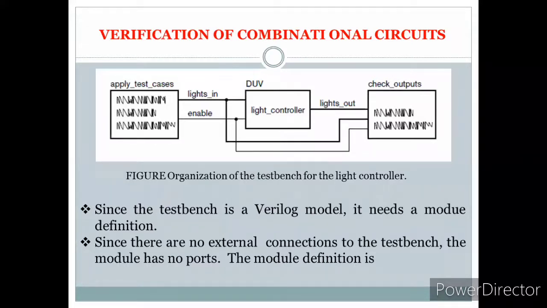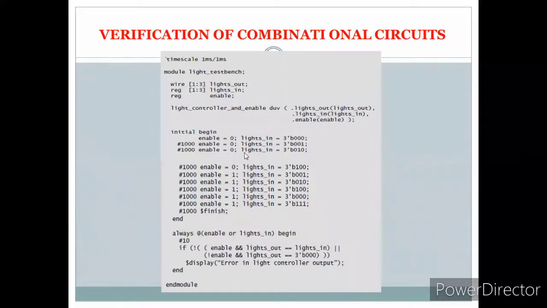So now let us see the program for this. The module definition is for the particular light control we have. If you observe here, module light_testbench. So I am writing the model name and testing whether the light is working or not. Here, there are no ports present, but we are using the instantiation, light_controller_and_enable.